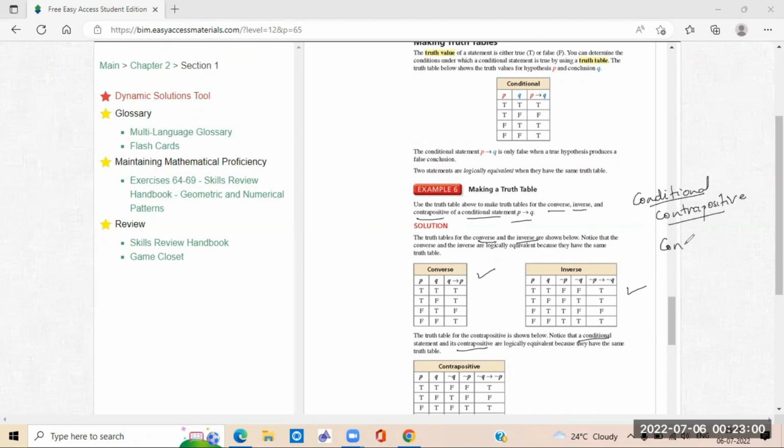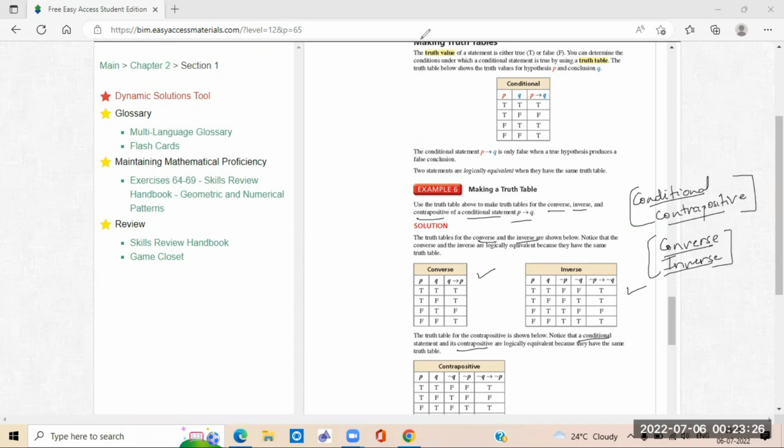Also, the converse and inverse of a statement both have identical truth tables, and therefore we say that they are logically equivalent statements. So the conditional is logically equivalent to the contrapositive, and the converse is logically equivalent to the inverse of the statement.